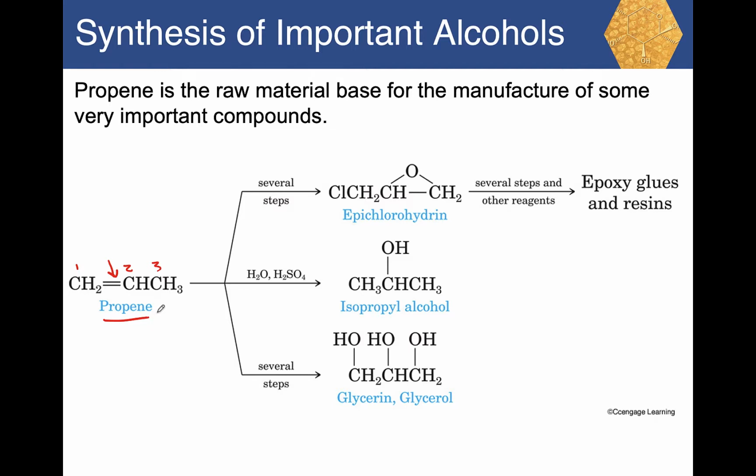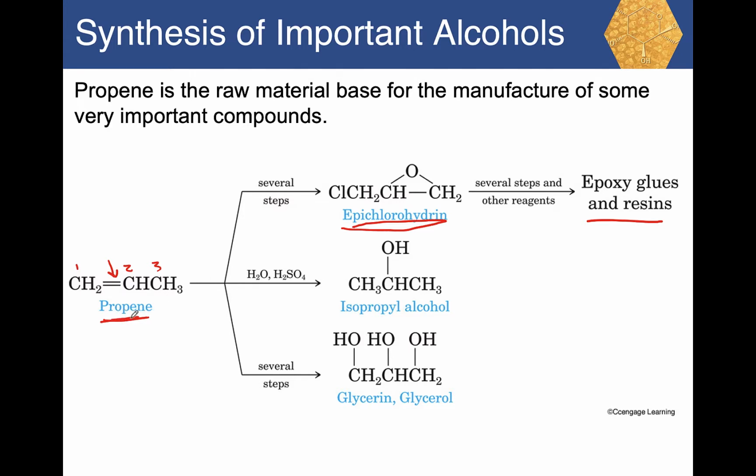And it's very essential in the manufacture and chemical industry, because propene can be converted into the cyclic epoxide, and several steps will give you epoxy glue or resin. So your typical crazy glue is basically an epoxide made from a compound like this.